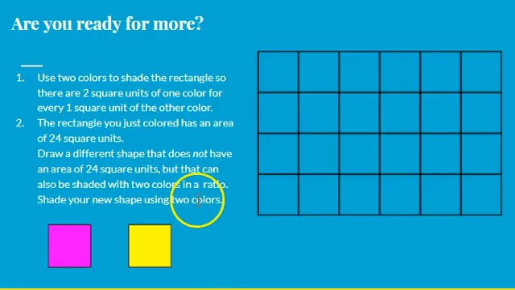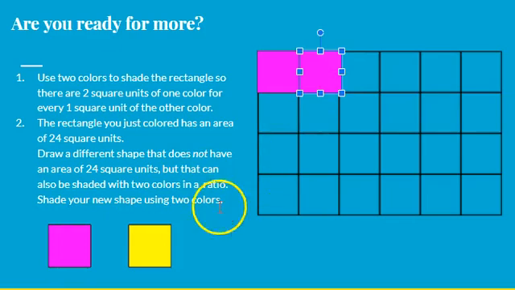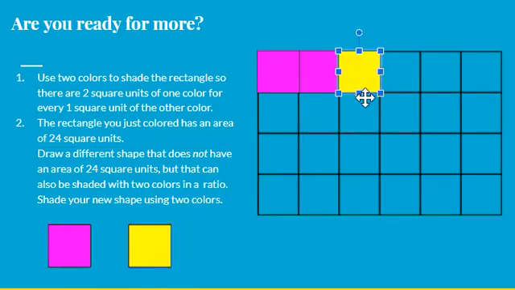All right, what about this shape here? What if this said I was supposed to do 2 units of one color to 1 of another color? All right, so let me put in 1, here's 2 of one color, and then 1 of one more, okay? And I could keep going over and over, right? In fact, I think I will.